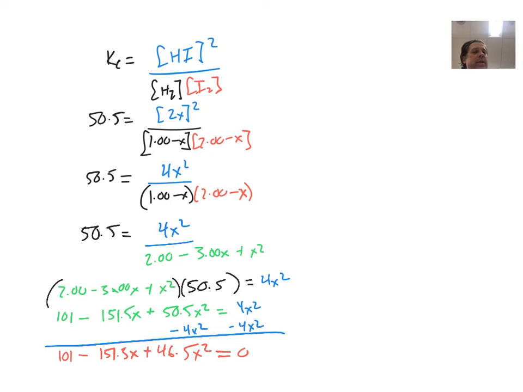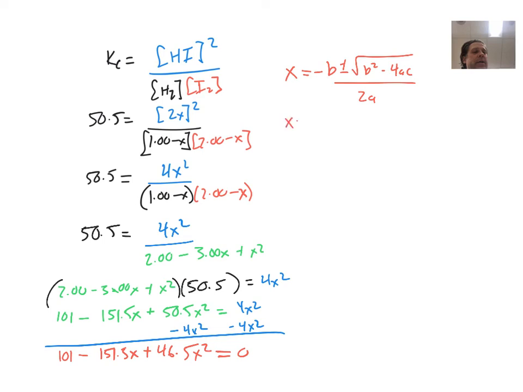Now, I'm going to take this expression and put it into the quadratic equation, which I am very aware that you know how to use, and some of you probably have programmed something into your calculator to make that work, but in the event that you forgot, this is your quadratic equation.